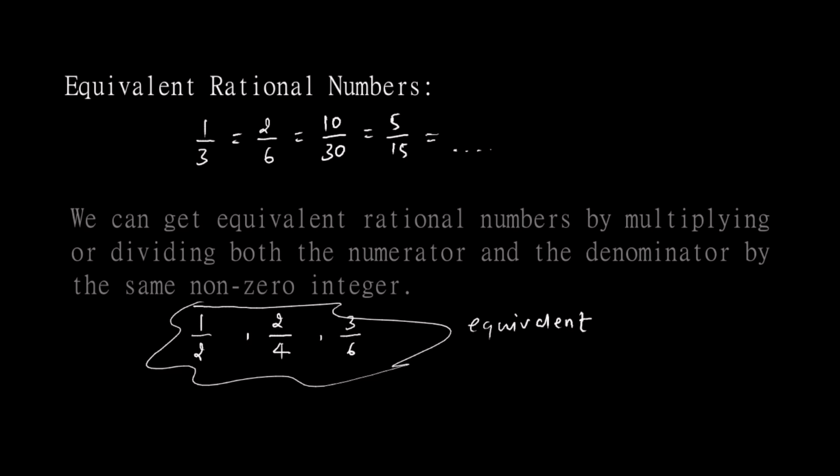Now the question is, if the same rational number can be represented with the help of different integers, which rational number will we use? Generally, in most scenarios, we work with the simplest form of rational numbers. So let's see the simplest form of a rational number.